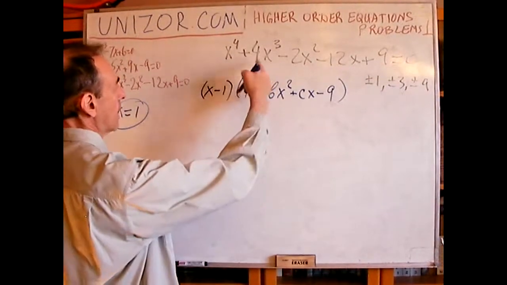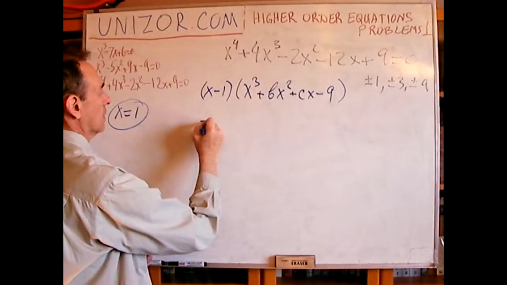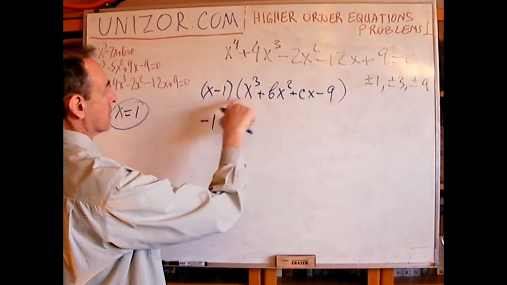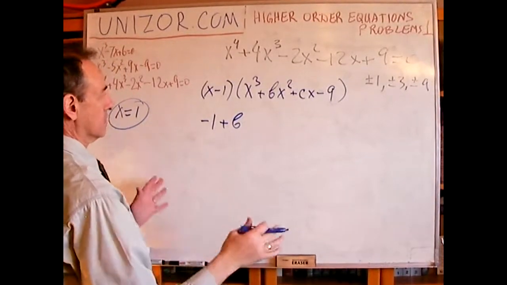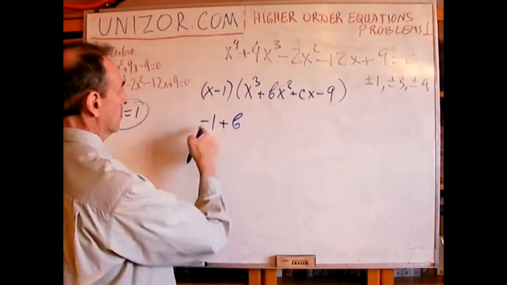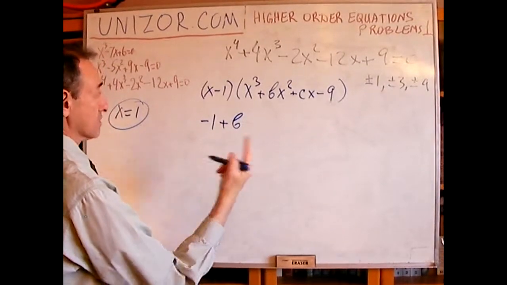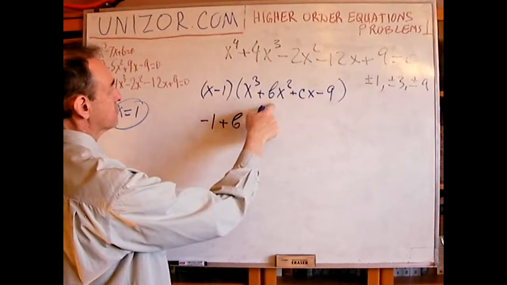Let's think about x cubed. X cubed can be either minus 1, or when you multiply b times x, so it's plus b. So these are only members when I open the parentheses, which give you x to the power of 3, right? Minus x cubed and plus bx cubed.